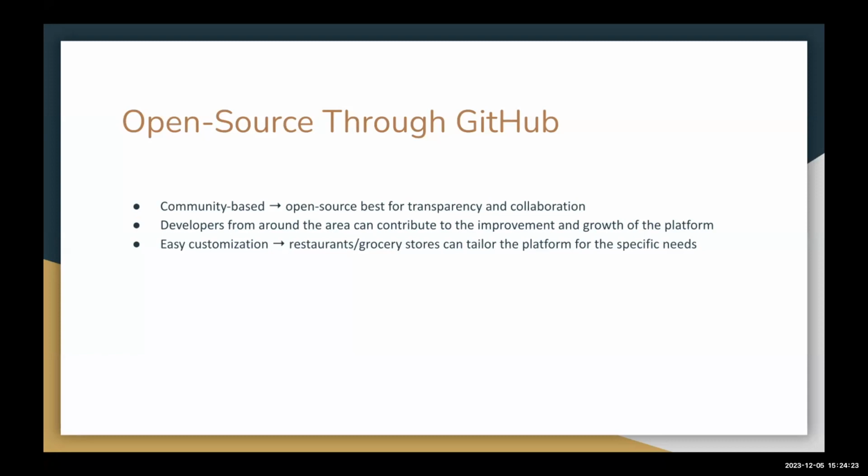By making the source code accessible, developers from around the area could contribute to the improvement and growth of the platform. And I think this can really lead to innovative features, bug fixes, and overall enhancements driven by a diverse group of contributors. It also allows for easy customization for any of the restaurants or stores that want to contribute.